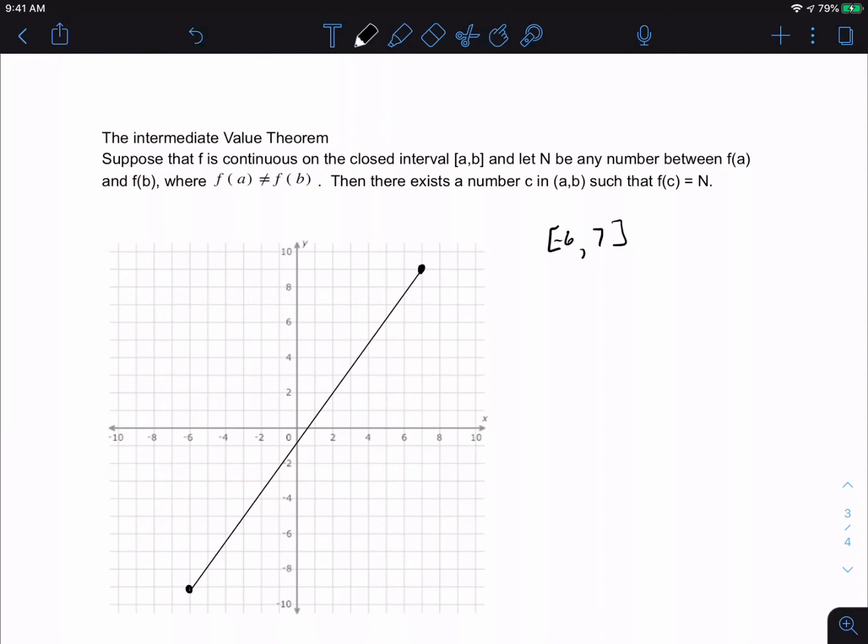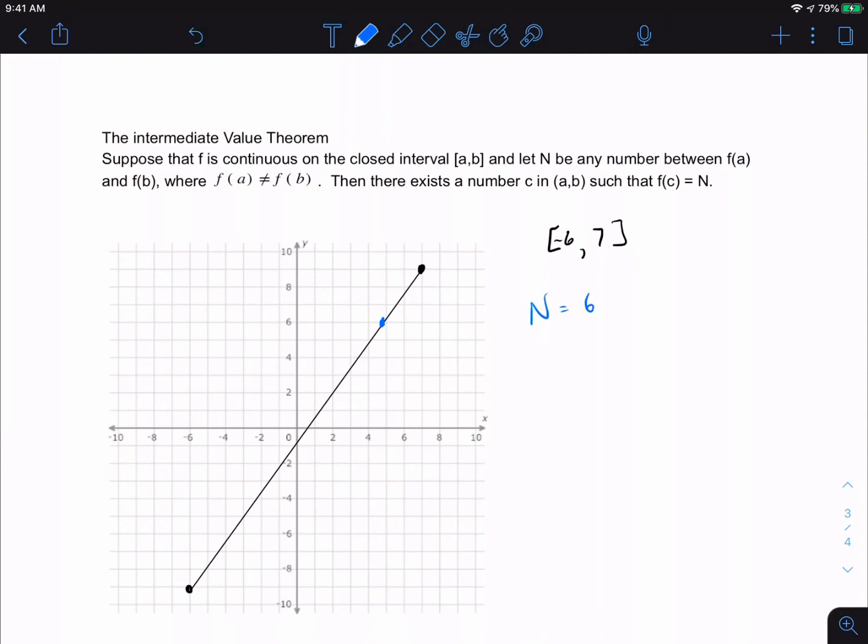I'm going to use this one right here. So what's my n? What do you guys think my n is right there? 6. So my n in this case is 6.